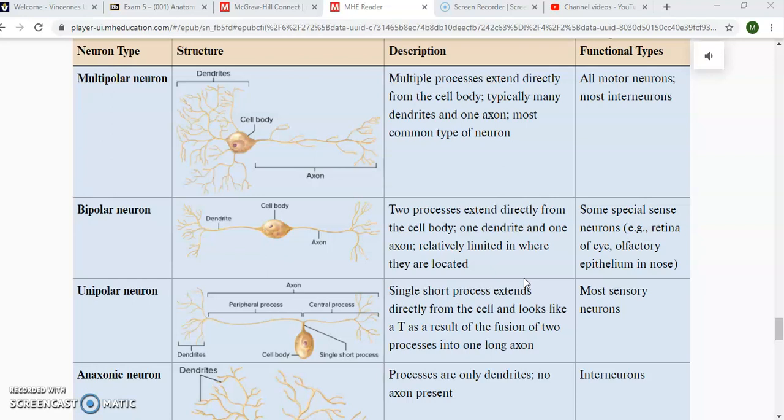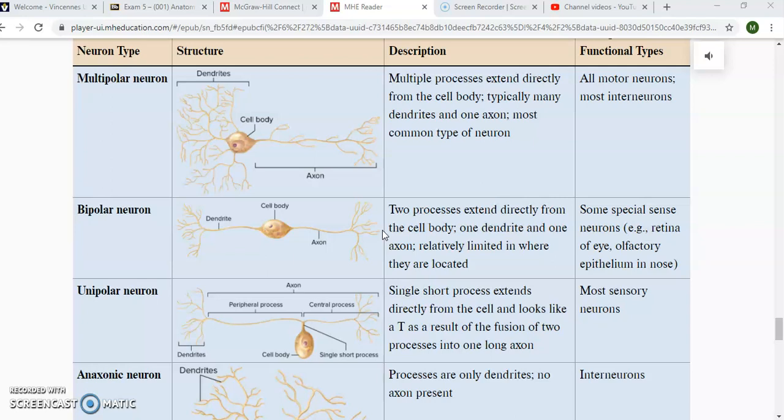Some of those are shaped like this, where it's a bipolar neuron. So we'll get a stimulus at this end, and it'll travel along the dendrite to the cell body, and then down the axon to the next cell. Those aren't as common. They're just found in a couple of places within the nervous system.